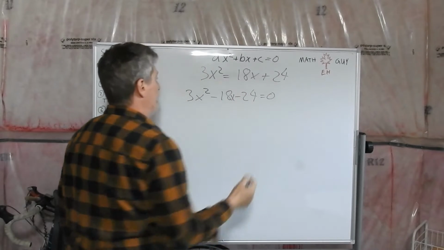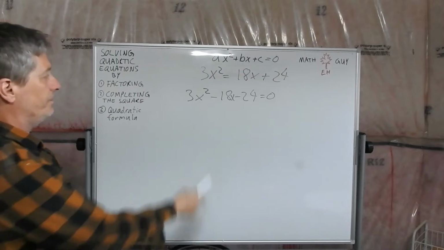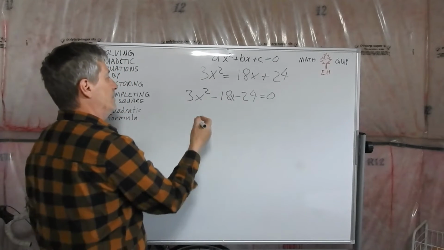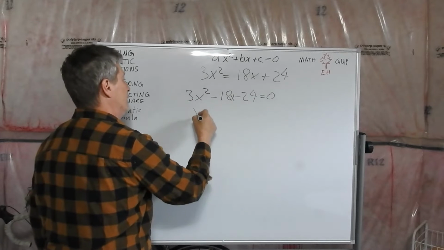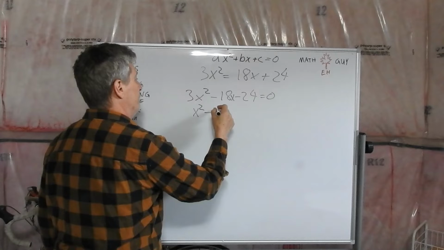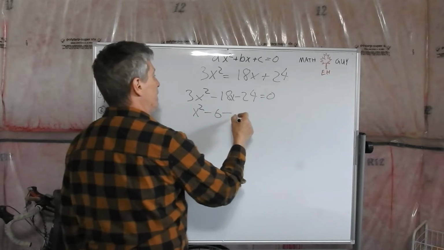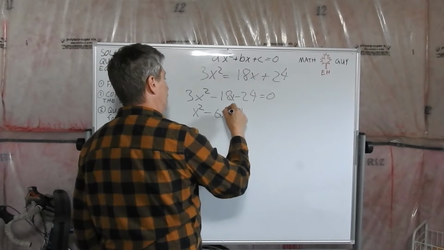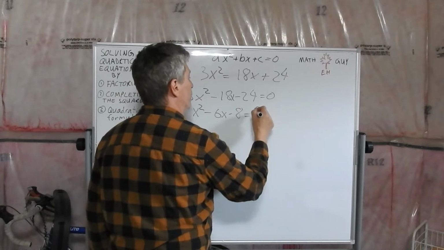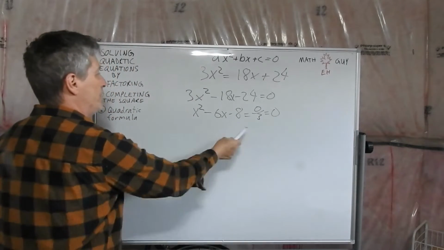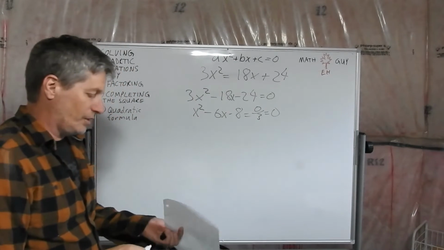But the other thing you would notice here is these are all divisible by 3, so you'd want to factor out a 3 and divide it out. So you'd have x squared minus 6x minus 8 equals 0, to help simplify this down and make it easier to solve.